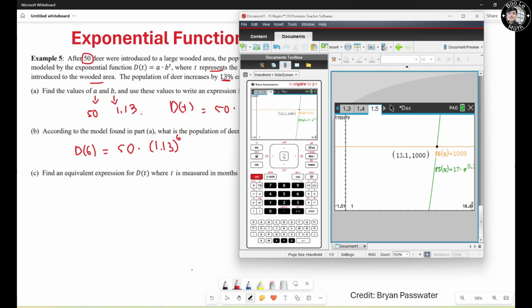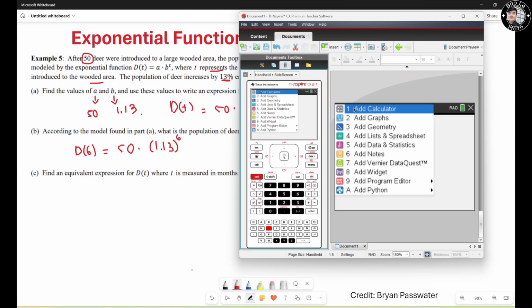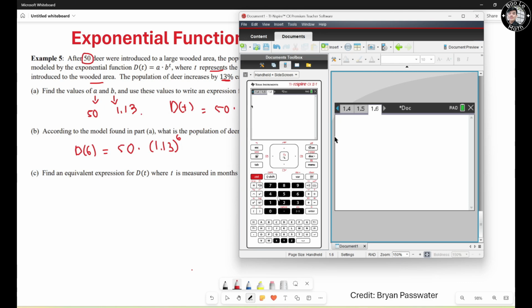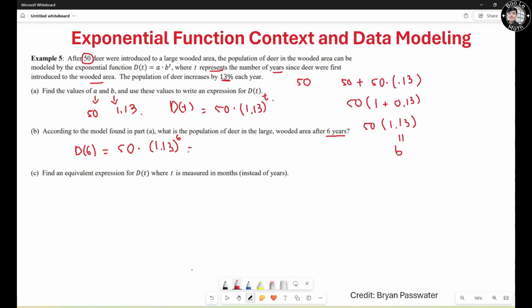Alright, so we hit Control I, add calculator here, and we hit 50 times parenthesis 1.13 close parenthesis to the 6, and hit enter. So the answer must be 104.098 deer, right?